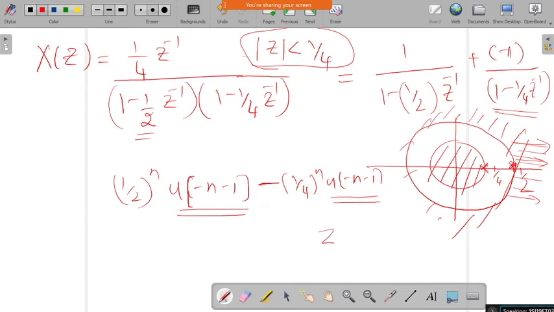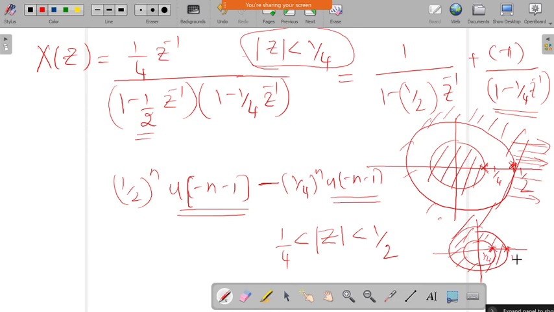Now another case: if the ROC is bounded between 1 by 4 and 1 by 2, what will happen? In the same problem, if it is bounded between 1 by 4 and 1 by 2, what will we get?